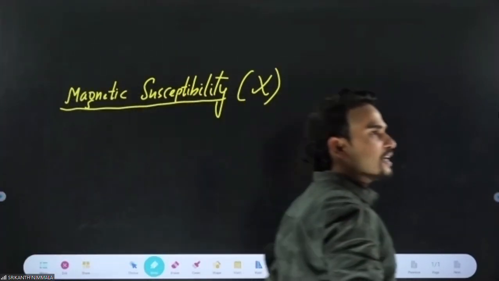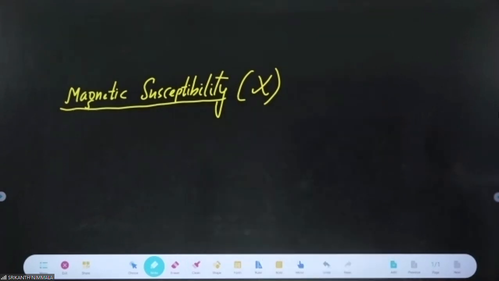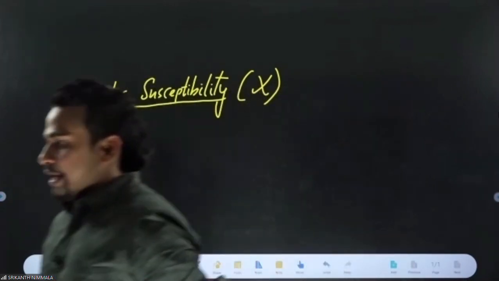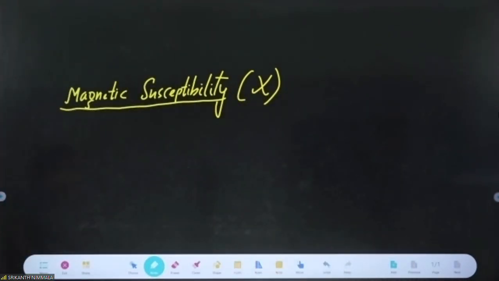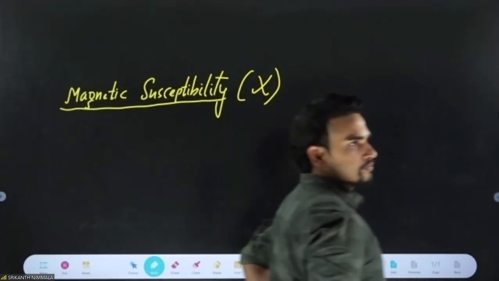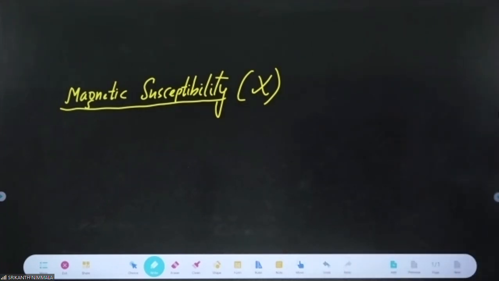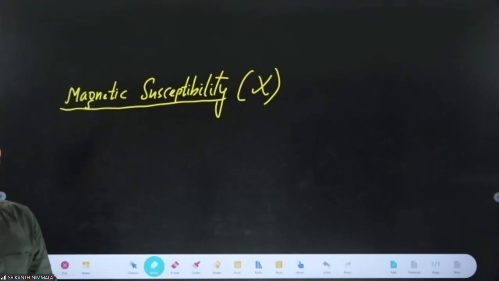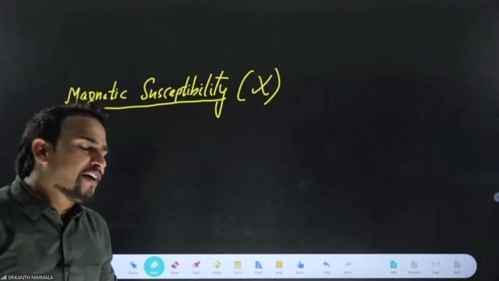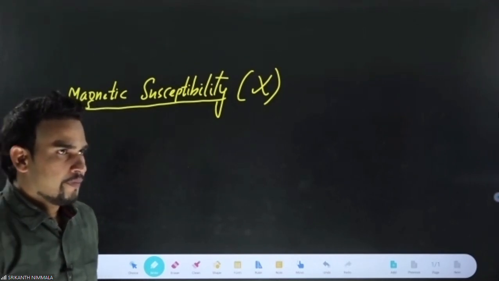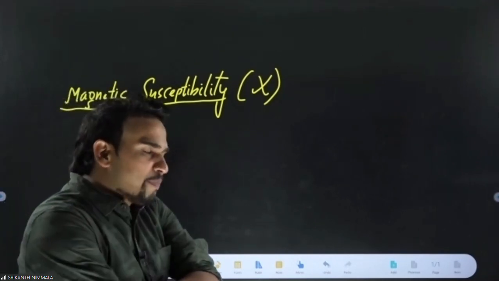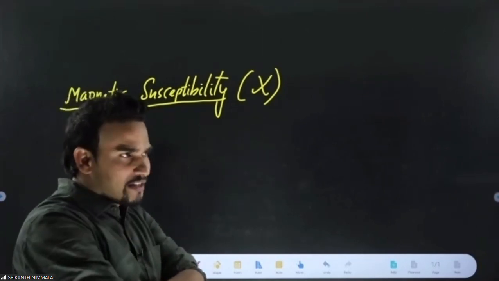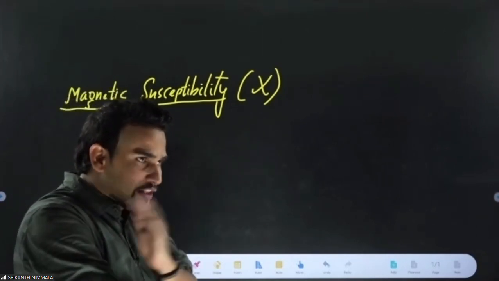It is a quantity which relates I and H. This is what I was telling you, I and H will be related with each other.